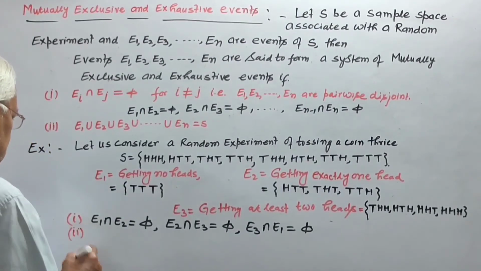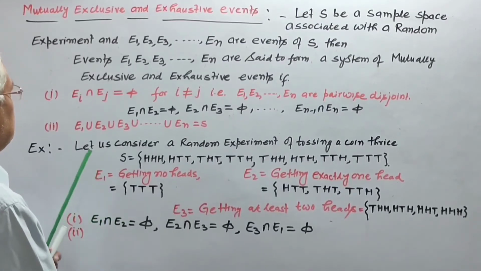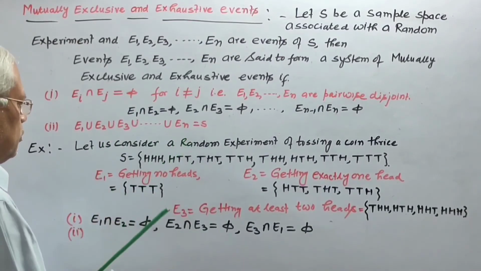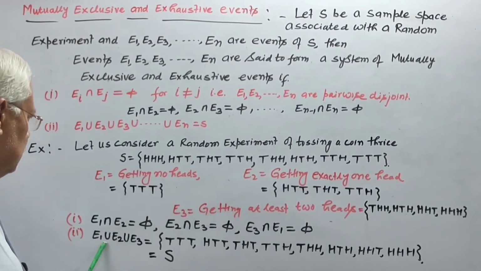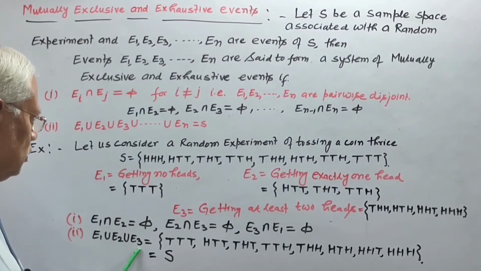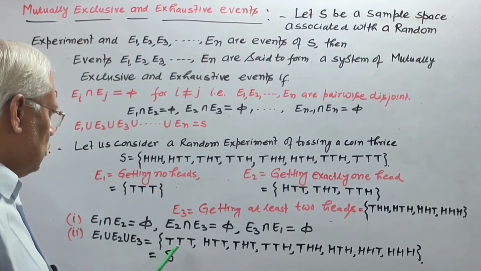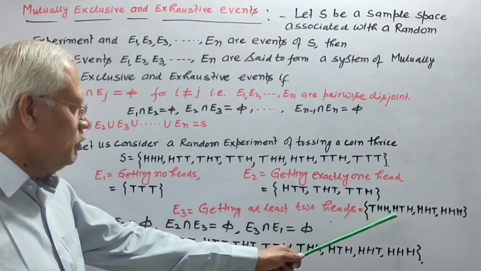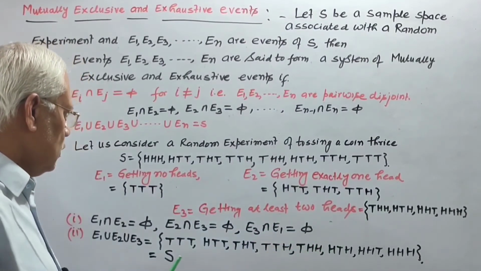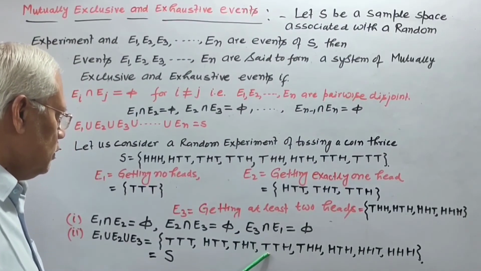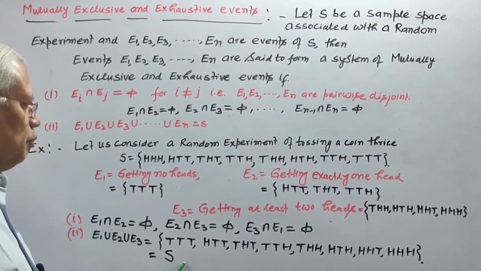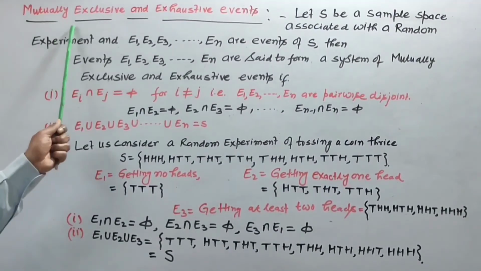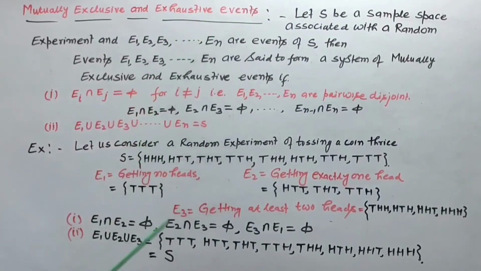Now what about the second condition? Second condition is E1 union E2 union E3 must be equal to S. E1 union E2 union E3 is equal to the combination of these three events, and clearly you can compare that this is equal to the sample space S. So both the conditions of mutually exclusive and exhaustive events are satisfied.